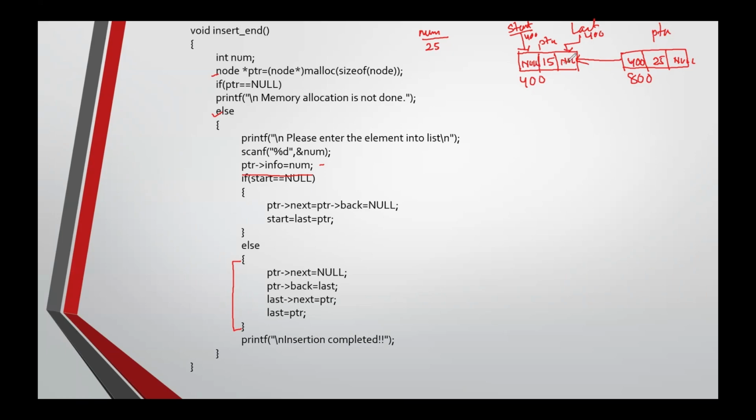So 400 next stores the PTR value, which is 800. If we store 800, the connection is established. Then the PTR value is stored inside last, so 800 is stored in the last location. The connection is established to the previous node, connected to the first node. Right now this old connection is gone because I stored the new one. After that the output will display insertion completed.